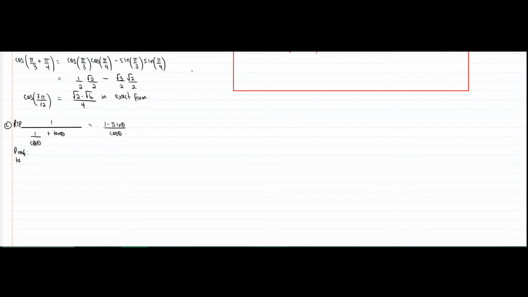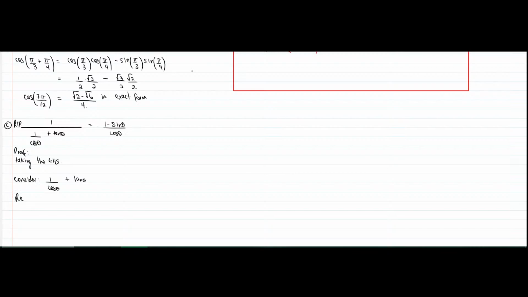We take the left hand side. Now just because it's looking nasty doesn't mean we have to work it out how it's looking. Consider the denominator first, because I know most of my work is going to be done on the denominator. Plus tan theta.